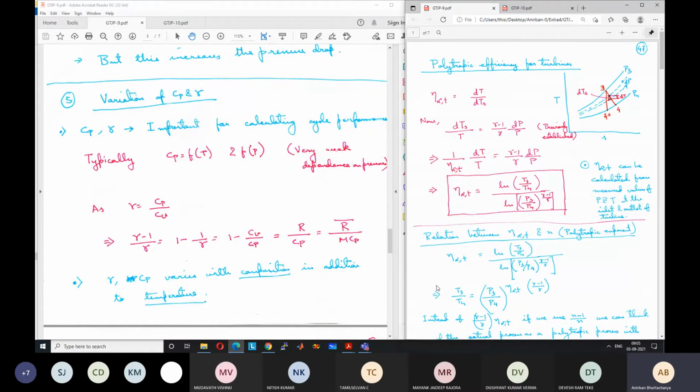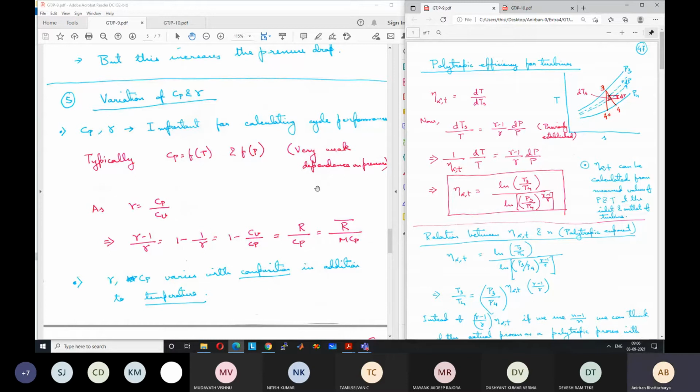So air properties you should always know. You should not expect that they are given. Cp and Cv and gamma and R of air should be known to everyone. It is used in all different courses and in real life also it is required. Cp generally we take as 1.005 or 1.004 kilojoule per kg Kelvin.